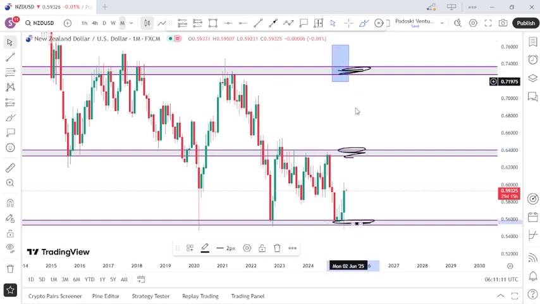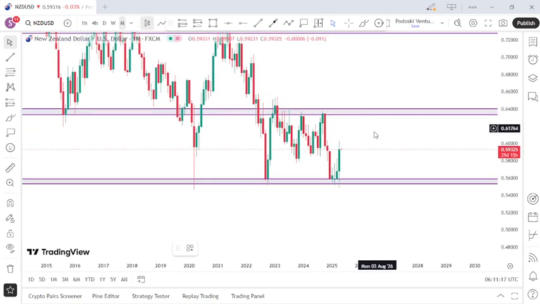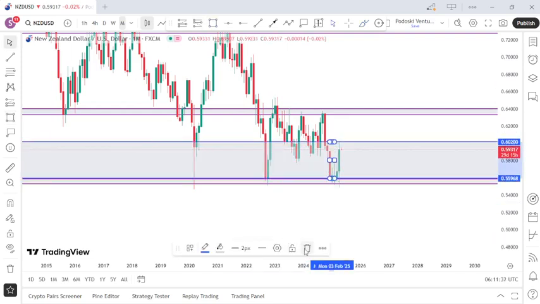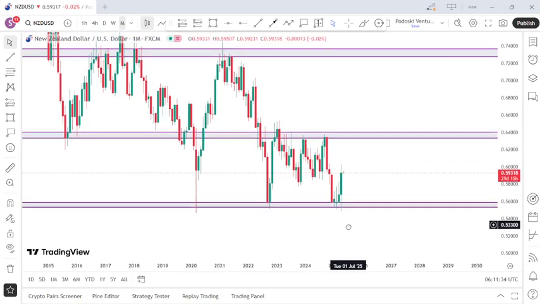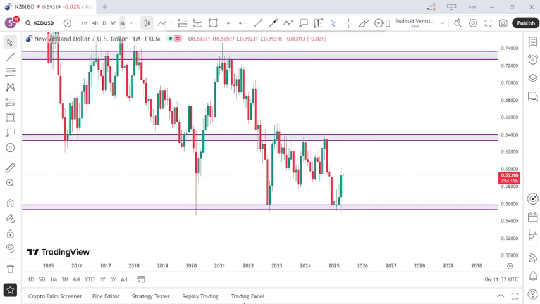We are kind of seeing a bullish market right now because after price tapped into this monthly lower zone, you see the buying momentum coming in on NZDUSD. This is the buying momentum.